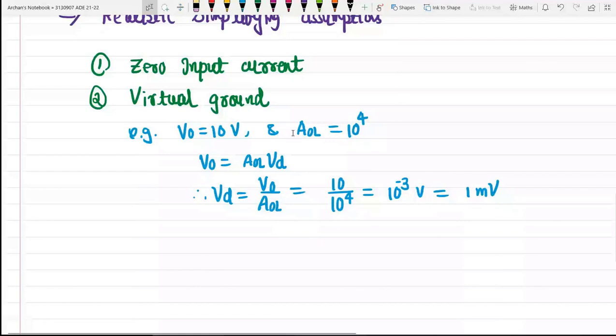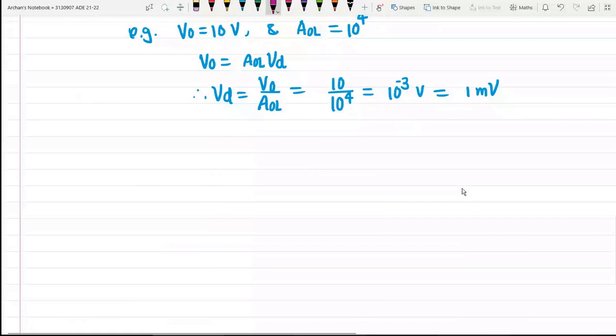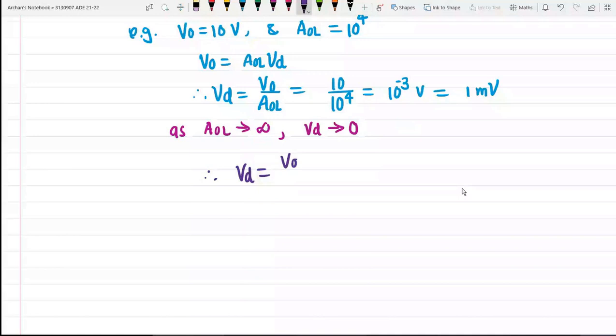As open loop gain becomes infinity, what will happen to the differential voltage Vd? It becomes 0. So realistically we have assumed this difference voltage to be 0. Vd, which is nothing but the ratio of output voltage to the open loop gain, that is V1 minus V2, is equal to V0 by infinity, which becomes 0.